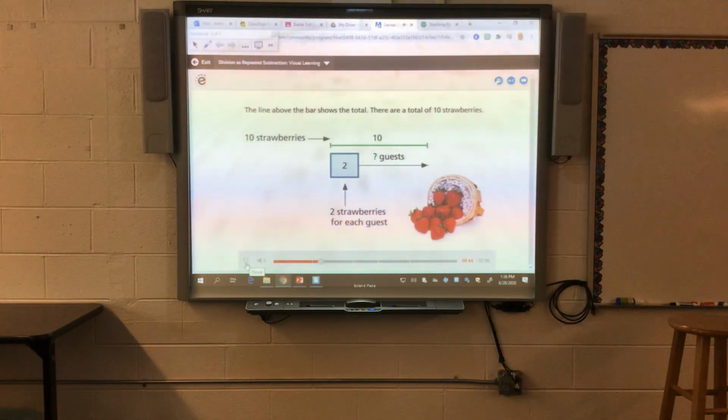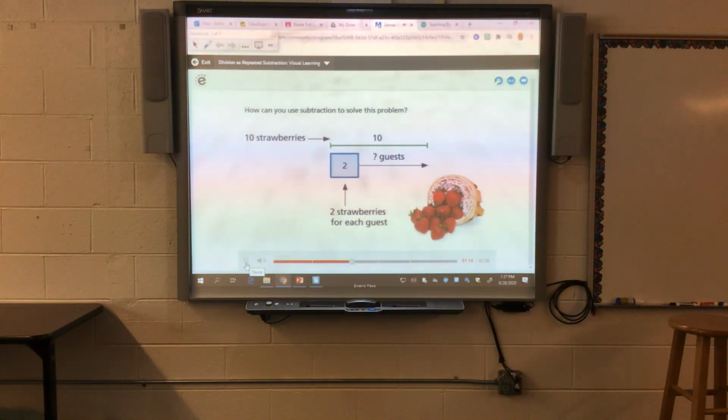There are a total of 10 strawberries. Why is there a 2 in the box? It shows that each guest will get 2 strawberries. What does the arrow stand for? The arrow stands for the number of guests who will get 2 strawberries.